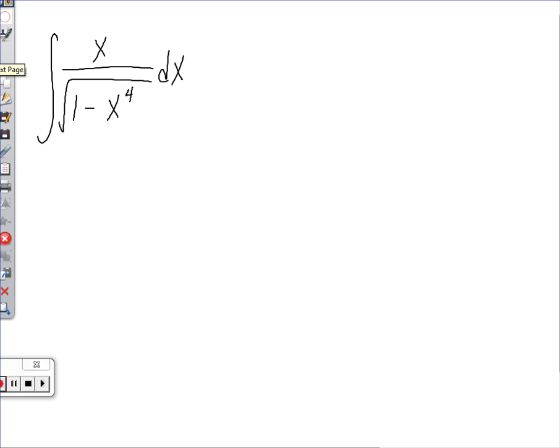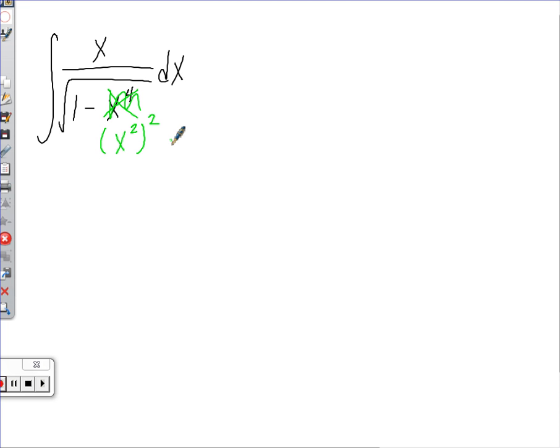Okay? The 1 makes me happy, but the x is sort of unhappy. But x to the 4th, let's see if we can do something with that. I'm going to rewrite this. Instead of x to the 4th, I'm going to say x to the fourth is the same thing as x squared squared.